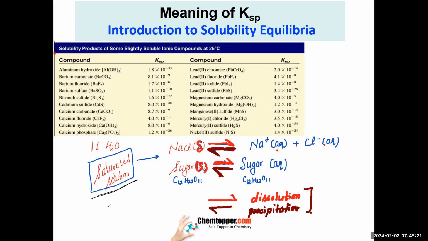But for AP students, a saturated solution means equilibrium: whatever amount is undergoing dissolution, exactly the same amount is undergoing precipitation, the rate of precipitation. So as an AP student, you should understand the meaning of saturated solution in this manner.